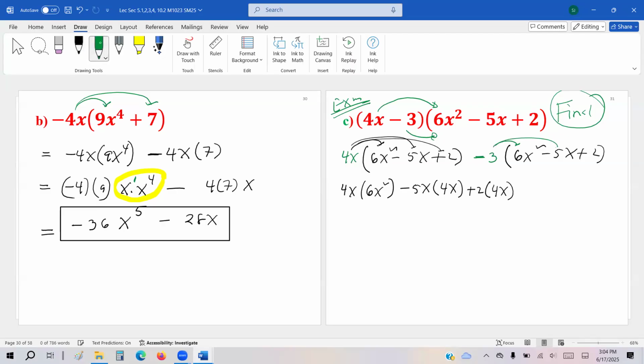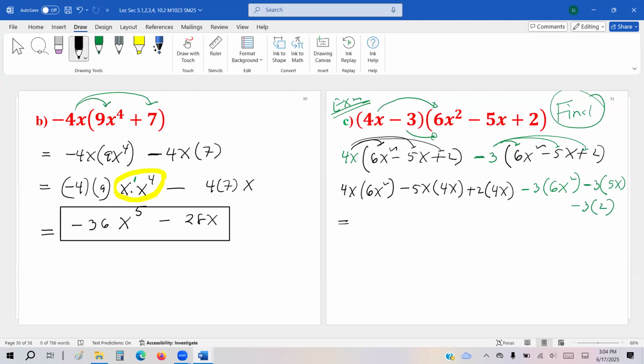In the next one, you have -3 with 6x squared, -3 with 5x, and lastly, -3 with the +2. And then you do the exact same thing you did here.